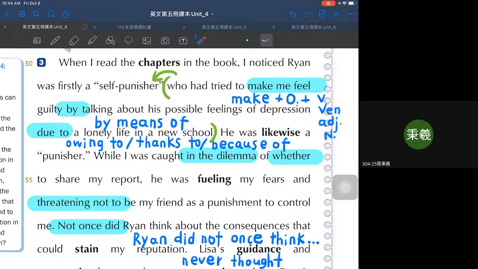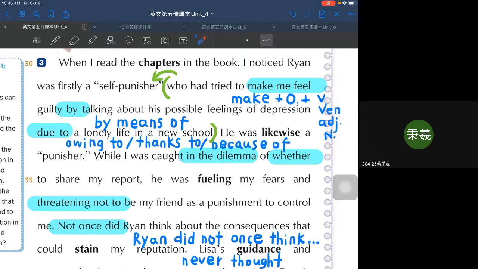You can also use a noun. For example, you can just say, had tried to make me a guilty person. Okay, try to make me a guilty person. So for the word make someone or make something, you can put a root verb behind, or a passive voice, or an adjective, or a noun.